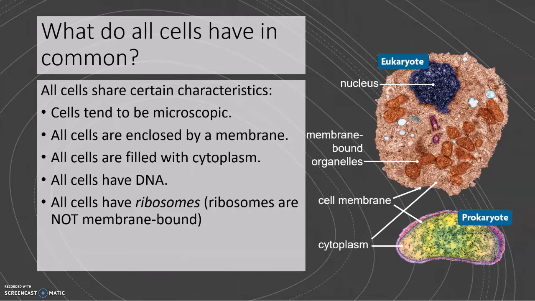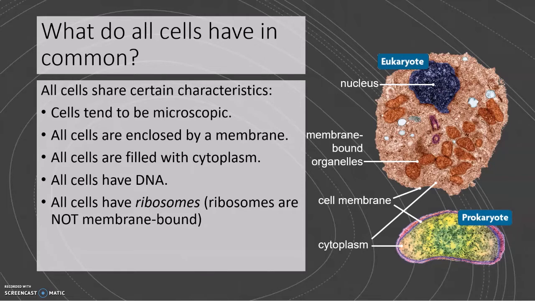Now, another thing that all cells have in common is they are surrounded by a cell membrane. Sometimes you'll hear this called the plasma membrane, and more on that later on in this unit. All cells have this jelly-like fluid inside called the cytoplasm. All cells also have DNA.